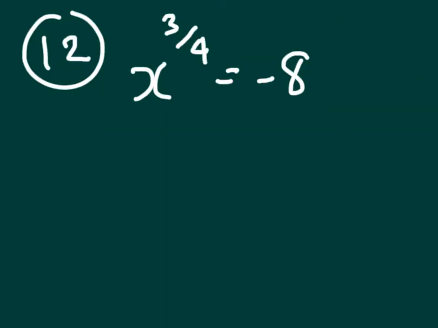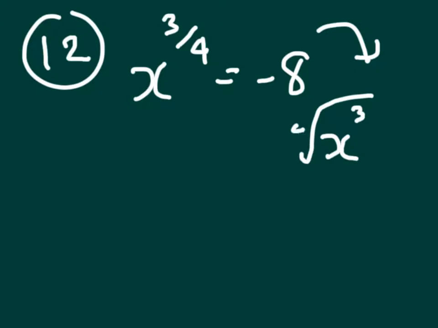And x to the 3/4 equals a negative number. This means x raised to the power of 3, fourth rooted, equals a negative number. Is this possible? Well, firstly, x raised to an odd number depends on x. If x is positive, raised to an odd power leaves us with a positive number.